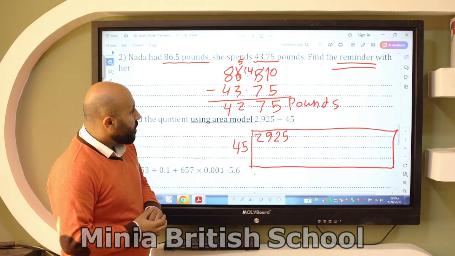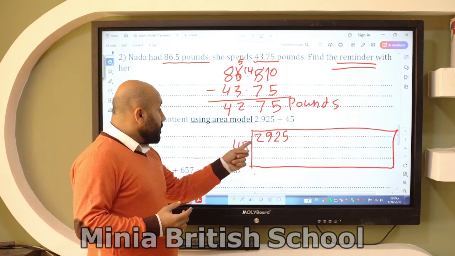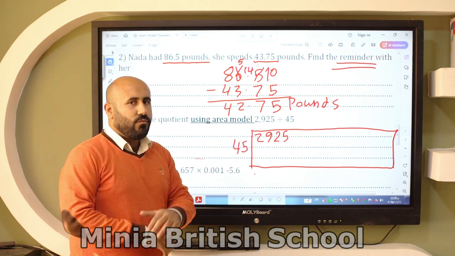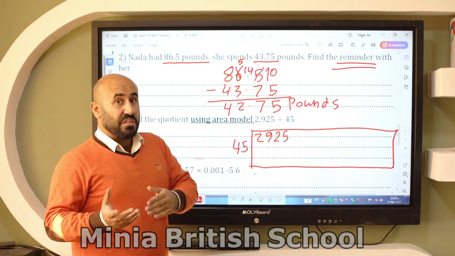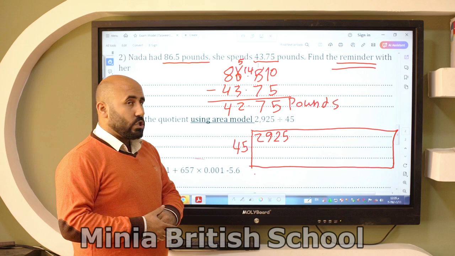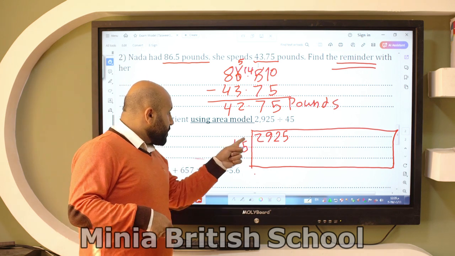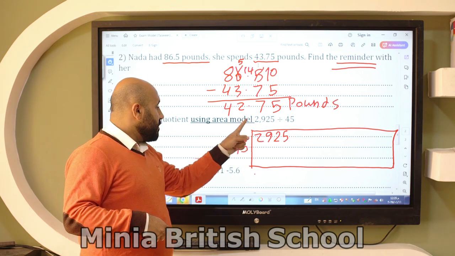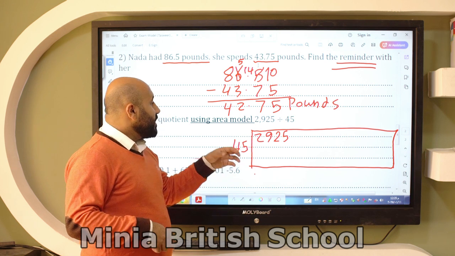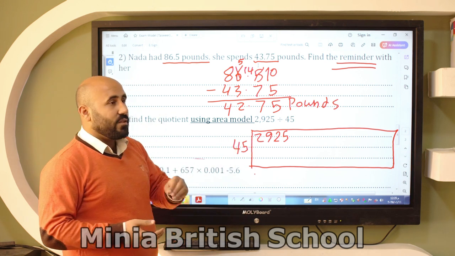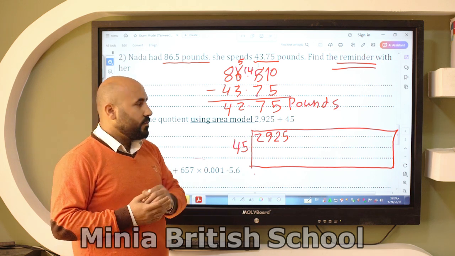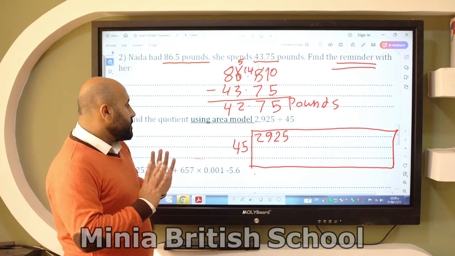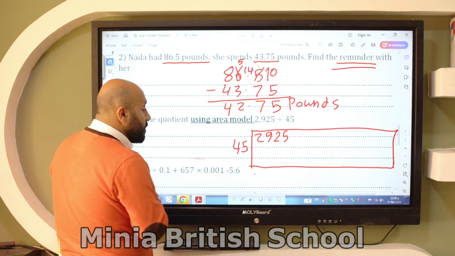Okay? If I took the first two numbers, it will be hard for me. There is no number times 45 that gives me 29 or less than 29. So I will take 3 digits. What is the number times 45 that gives me 292 or less than 292? And let's see if we can do it.